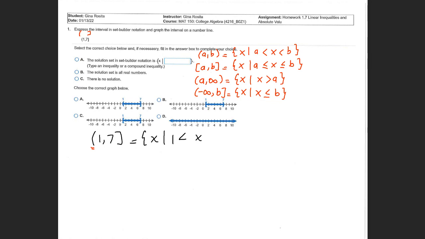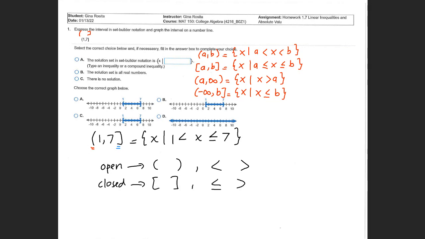The 7 is a bracket, so we write less than or equal to 7. Just remember: open is parenthesis, closed is bracket.